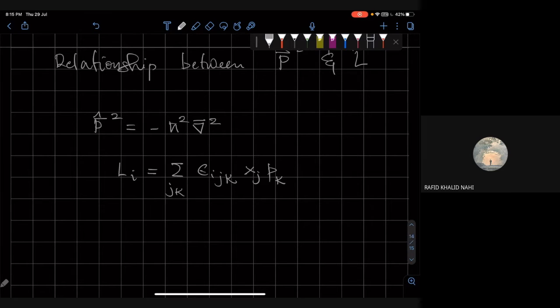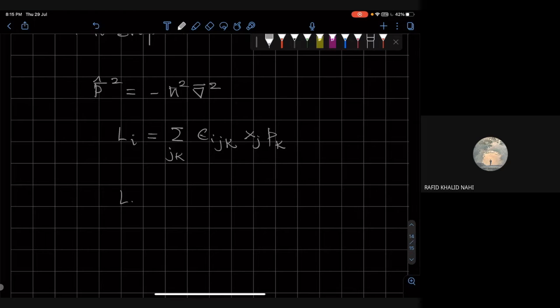So then L squared is L_i L_i, right? Or let me just use a different notation here, a different index. So I'm not going to use the summation sign; summation is implied.